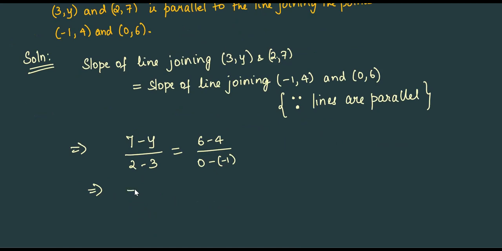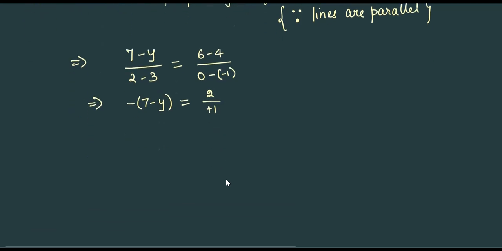So we get (7 minus y) by (2 minus 3), which is minus 1, equal to 2 by 1. So y minus 7 is equal to 2, which implies y is equal to 9.